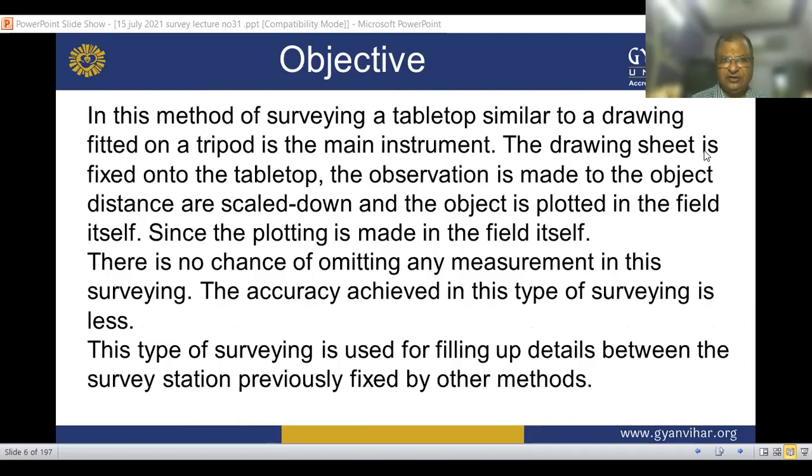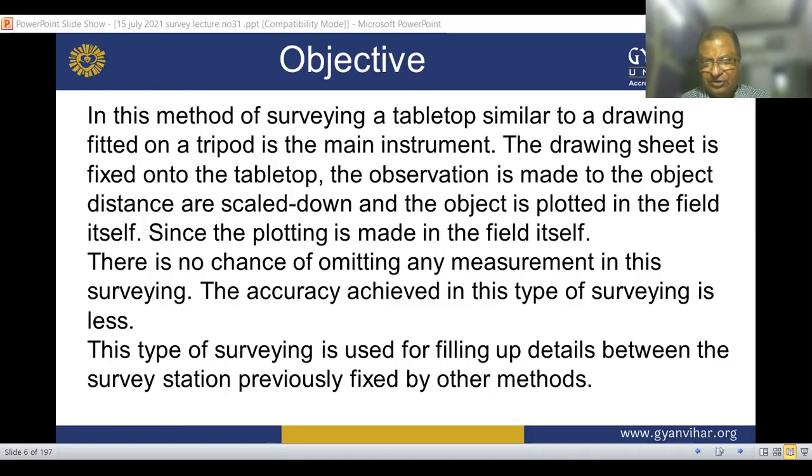In this method of survey, a tabletop similar to a drawing board, fitted on the tripod, is the main instrument. The drawing sheet is fixed onto the tabletop. The observation is made, the distances are scaled down, and the object is plotted in the field itself.